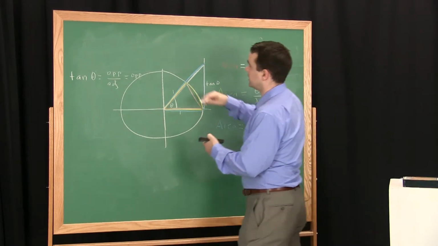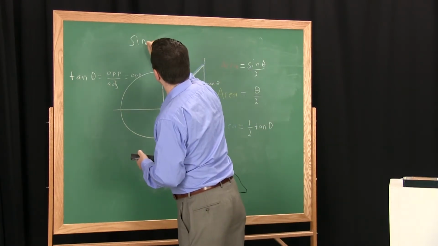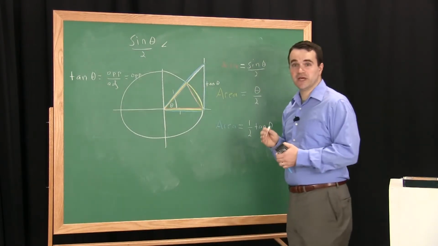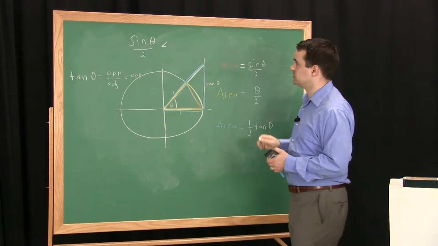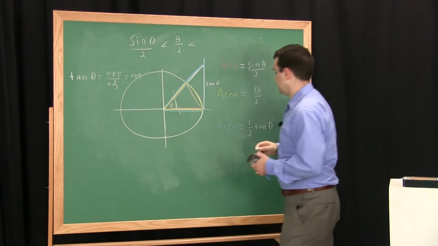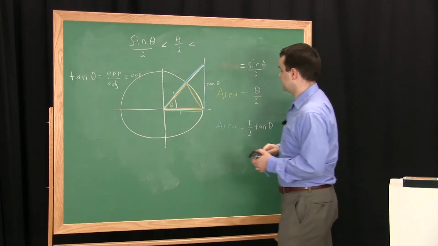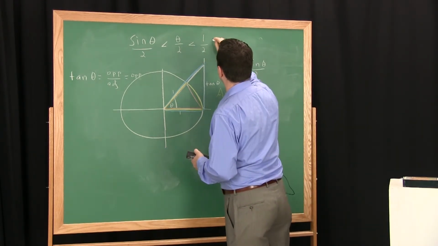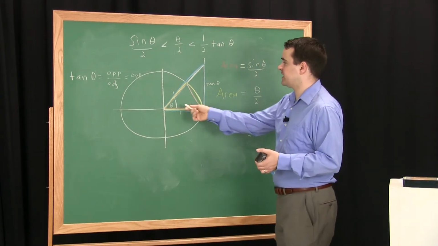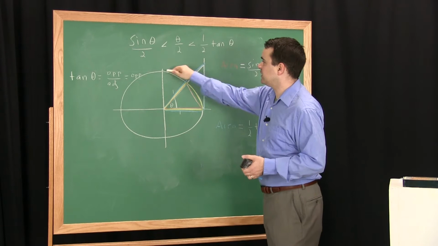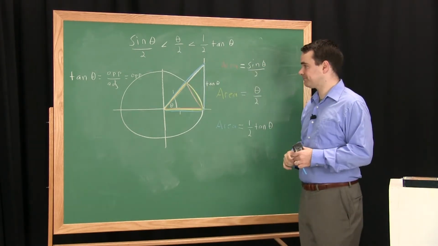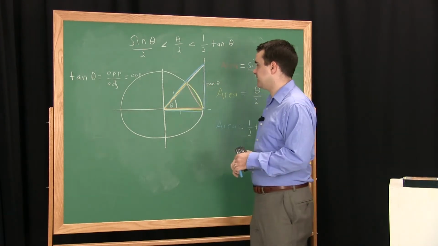So it tells me that sine theta over 2 is definitely less than theta over 2 is definitely less than 1/2 tangent theta. And in the beginning, I said this works as long as theta is between 0 and 90 degrees. And as long as that's true, then our picture is accurate. Otherwise, we might have to do something else.